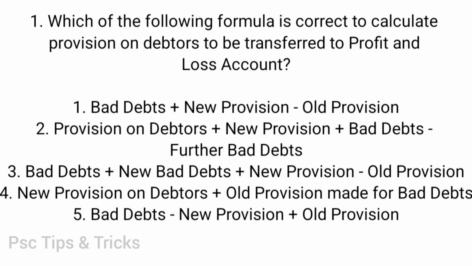Question: Which of the following formulas is correct to calculate provision on debtors to be transferred to the profit and loss account? Options: bad debts plus new provision minus old provision; provision on debtors plus new provision plus bad debts minus further bad debts; bad debts plus new provision minus old provision; new provision on debtors plus old provision made for bad debts minus new provision plus old provision.